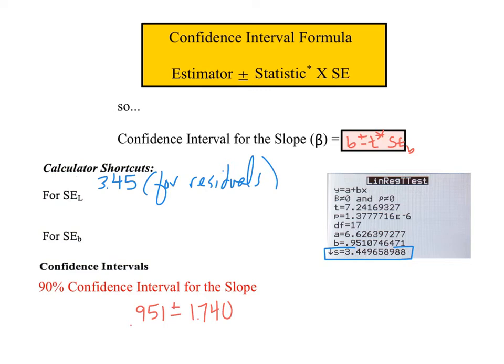Recall that a t statistic is always a statistic minus a parameter divided by the standard error for that statistic. So let's fill some things in here. Parameter. This is the number we put in our null. Well, for this test, for the beta test, our null is always 0. Okay?